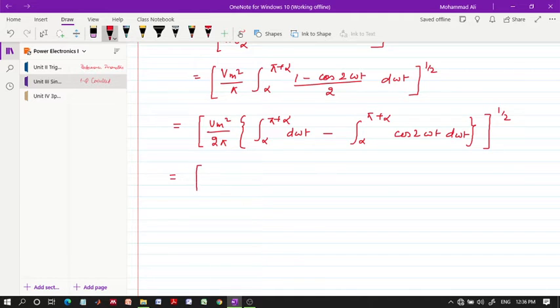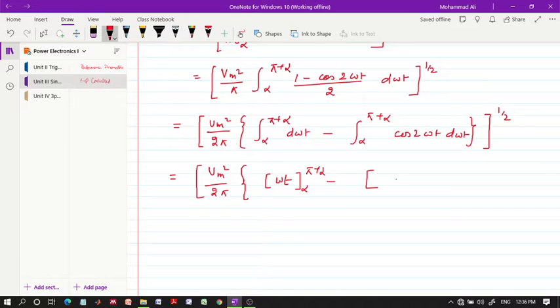So Vm square upon 2 pi, and integrate. If we integrate d omega t, it will become omega t, ranging from alpha to pi plus alpha. And what about this one?